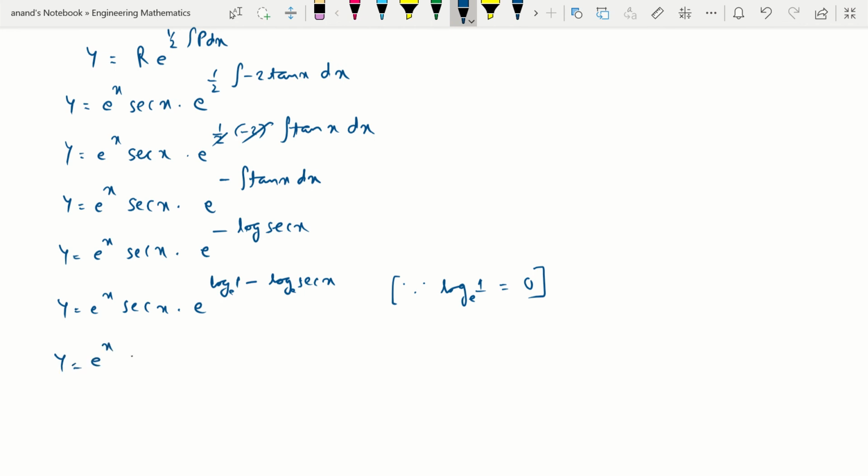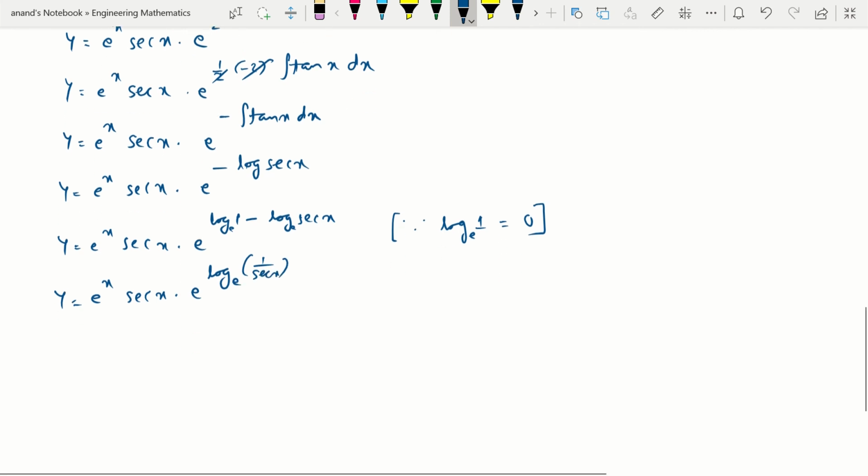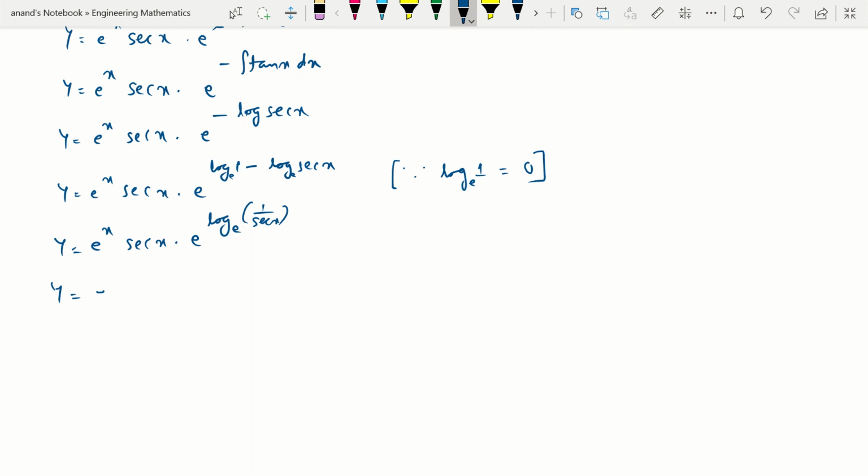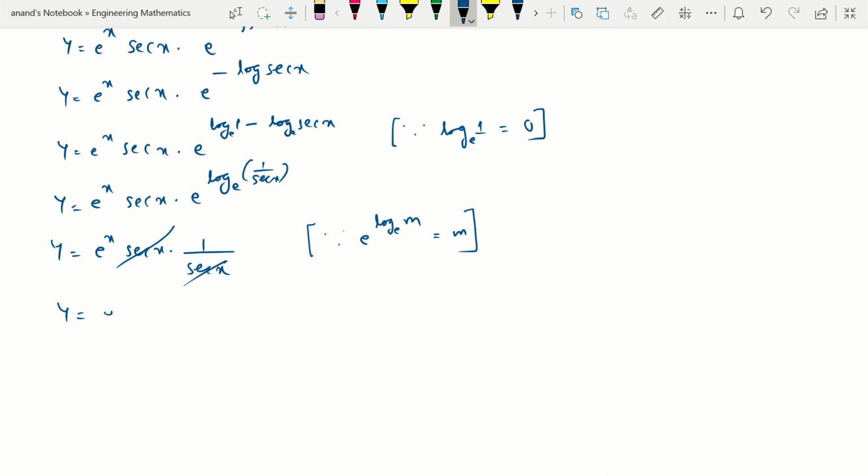So y equals e to the power x sec x e to the power log of 1 upon sec x. So here we get y equals e to the power x sec x into 1 upon sec x, since e to the power log m equals m. So sec x has been cancelled out and the value of y we obtained is equal to e to the power x.